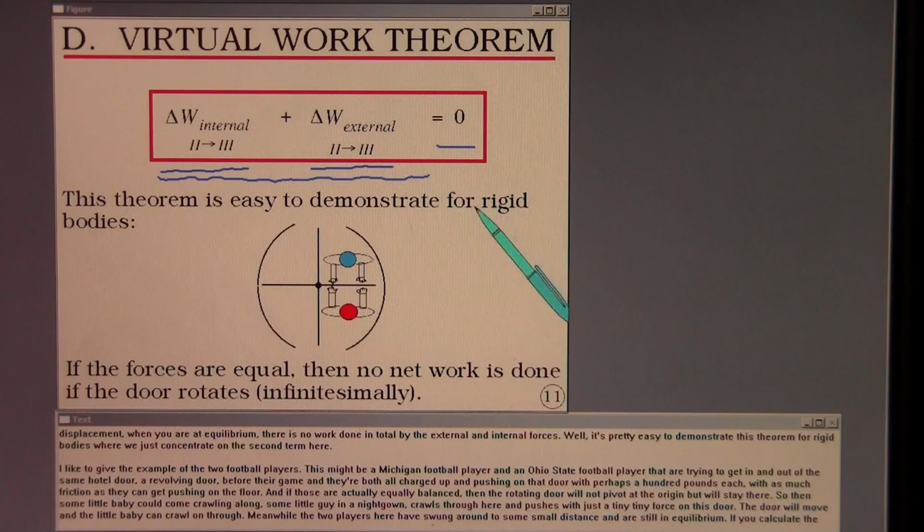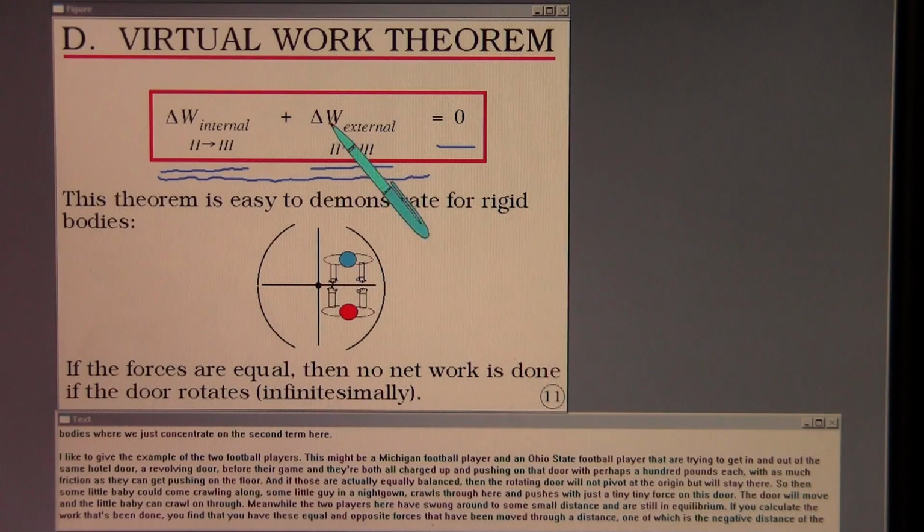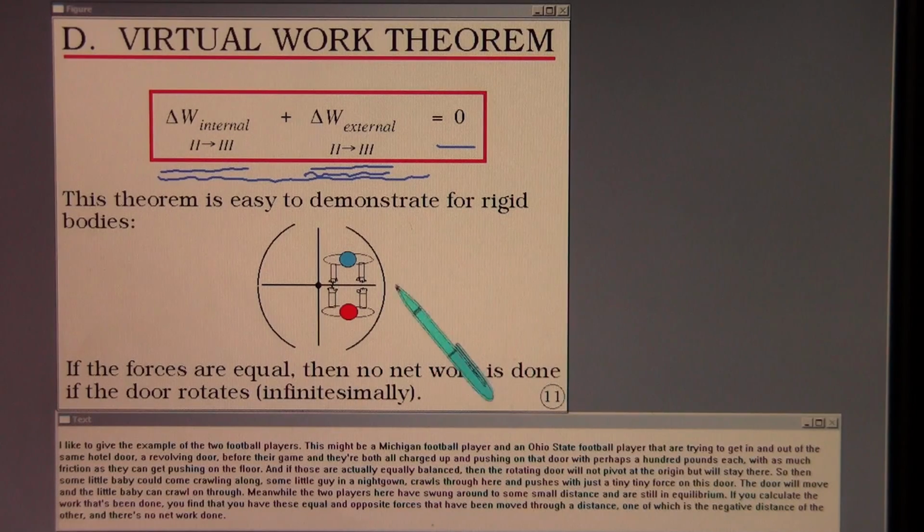Well, it's pretty easy to demonstrate this theorem for rigid bodies where we just concentrate on the second term here. I like to give the example of the two football players. This might be a Michigan football player and an Ohio State football player that are trying to get in and out of the same hotel door, a revolving door before their game, and they're both all charged up and pushing on that door with perhaps 100 pounds each, as much friction as they can get pushing on the floor.